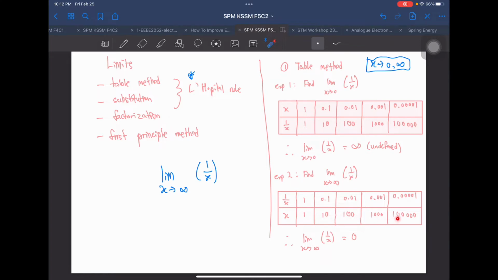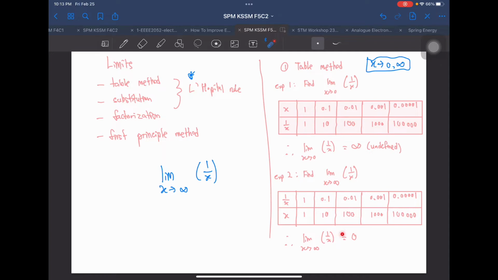Then we observe the value of 1 over x, and we found out that 1 over x keeps decreasing and approaches 0 when x approaches infinity. So we can conclude that the limit of 1 over x when x approaches infinity is 0.